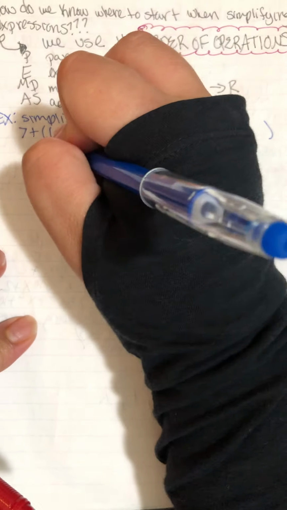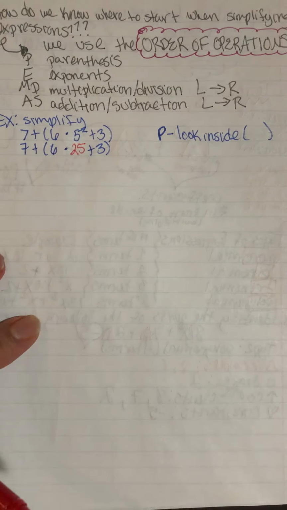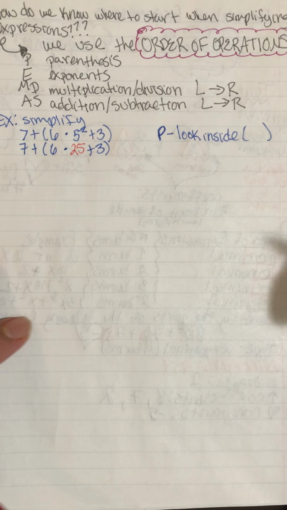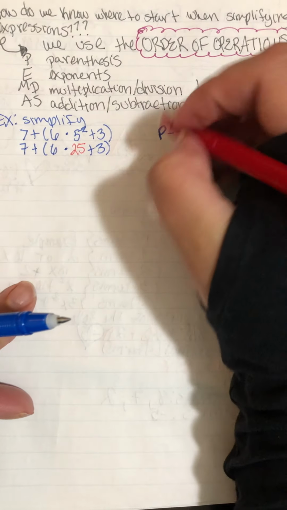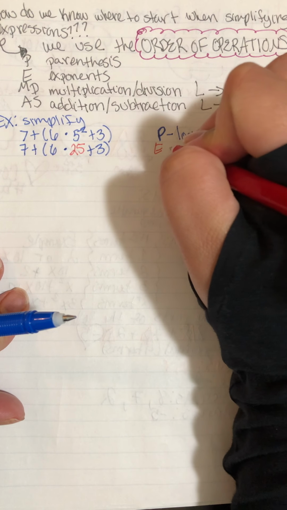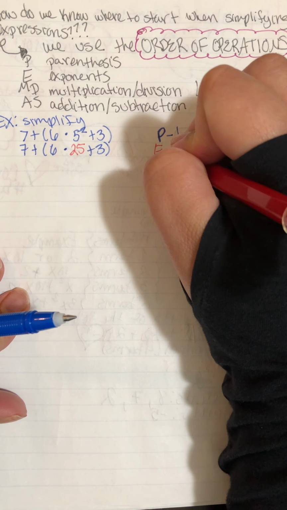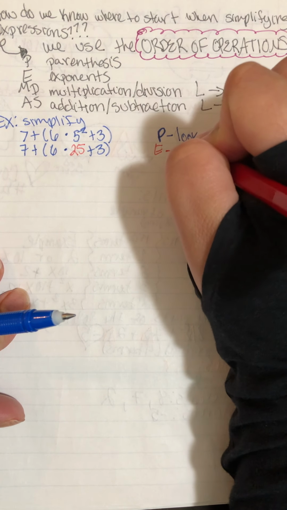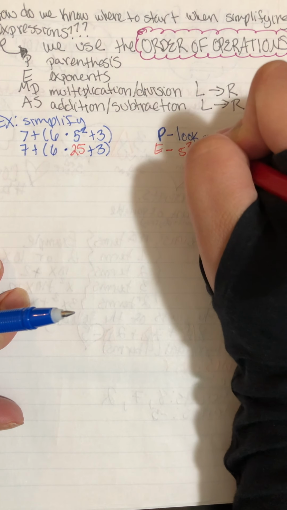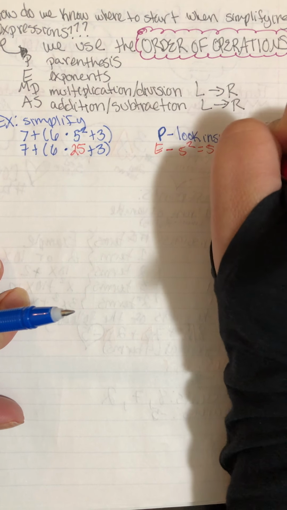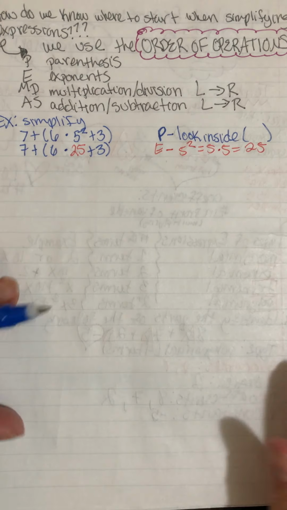And then we're just going to bring everything else down. Now, we're not done simplifying inside the parentheses, so we're still working inside, right? So how did we do that? We did exponents, right? 5 squared is the same as 5 times 5, which is 25. That's how we got that, okay?